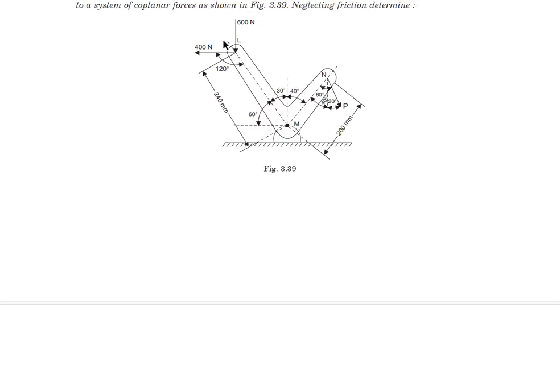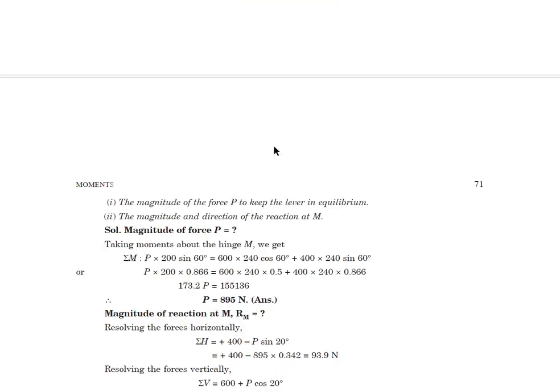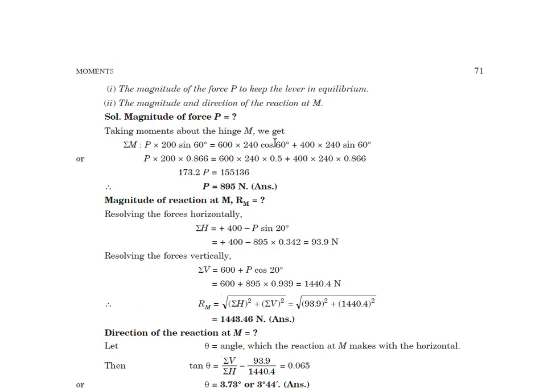Okay, sorry, for 400 Newton, the perpendicular distance will be like this, and for 600, it will be like this. So the first equation gives us P as we discussed, and P into 200 into sine 60 is equal to this equation, which is the moment of this 600 force and the moment of 400 force, and we can find out the P.